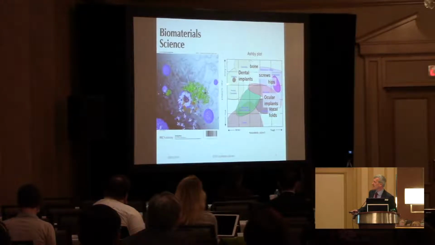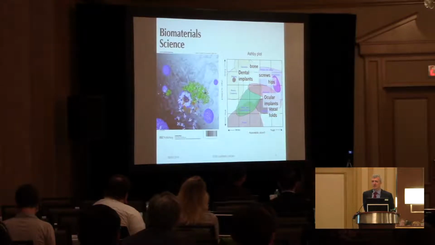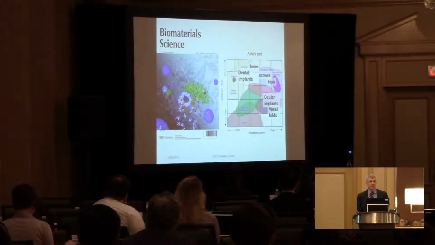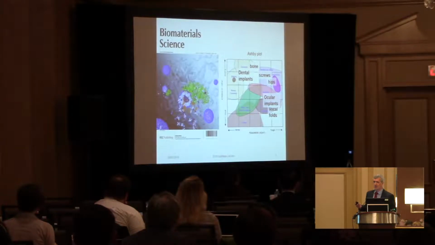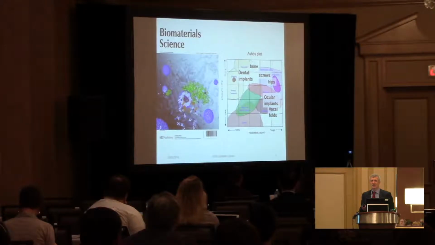If you look at glasses, for example, these are pretty stiff materials, but they break very easily, so they cannot deform or stretch very much. And metals are both strong and tough. They can deform elastically for pretty large deformations, and they remain very strong.